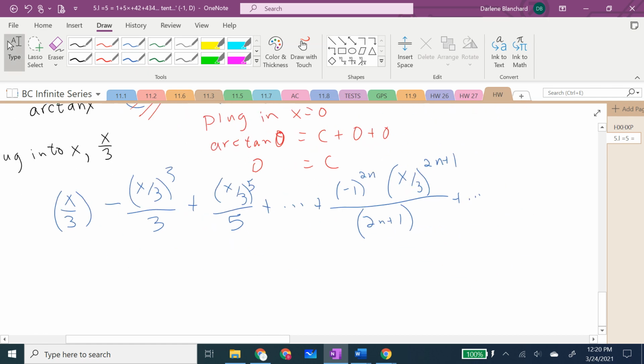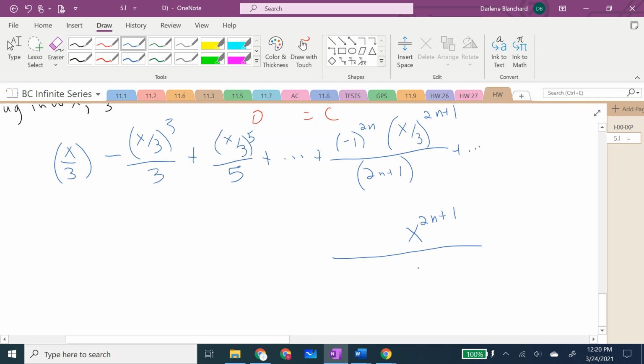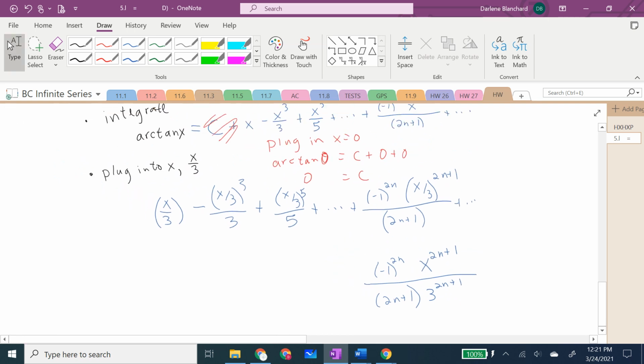And just to emphasize the simplification, I have x to the 2n plus 1 divided by 3 to the 2n plus 1, and then the rest of the formula. And that would then be the simplified version of that formula, but that's it.